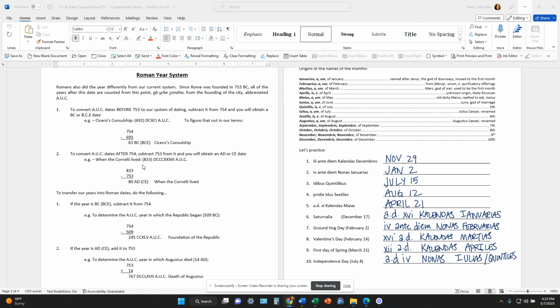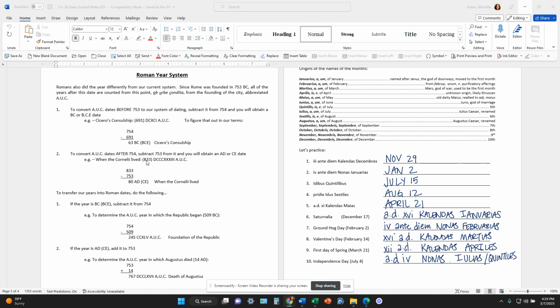Now, if the number is after 753, meaning after the city was founded, then we're going to have something that will be an AD date or a CE date. So if you get something like when the Cornelius family lived, and it's 833 AUC, well, 833 is more than 753, which means that's going to be an AD date.